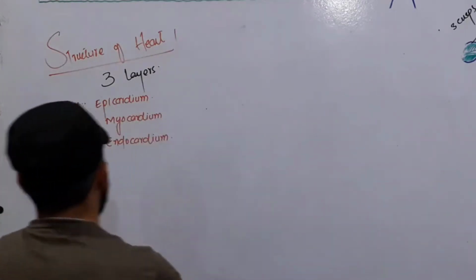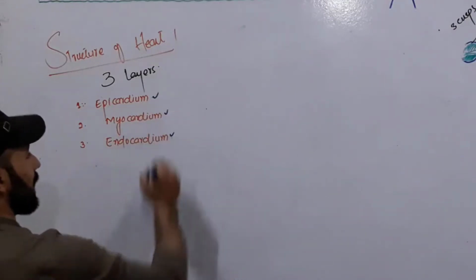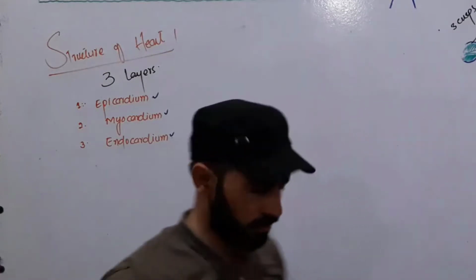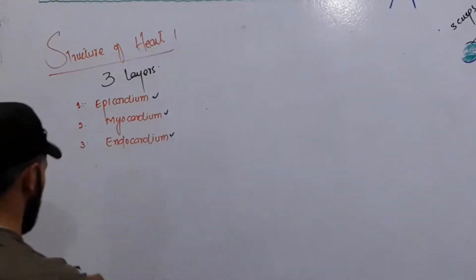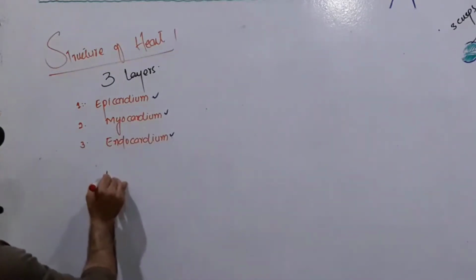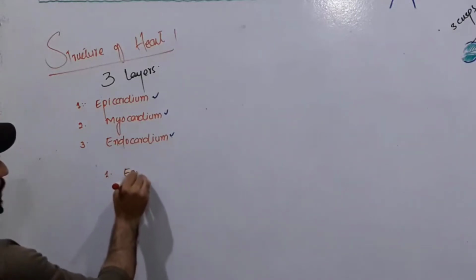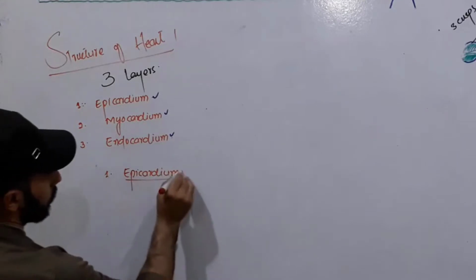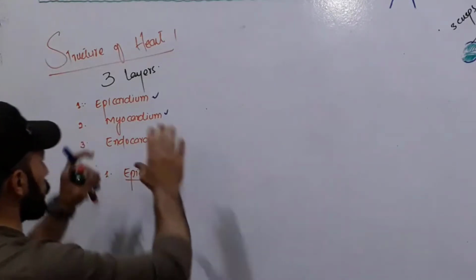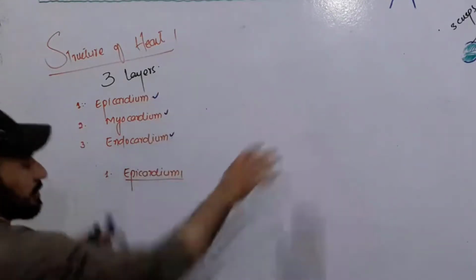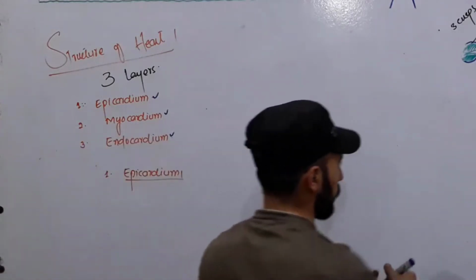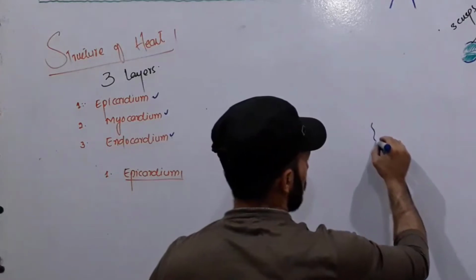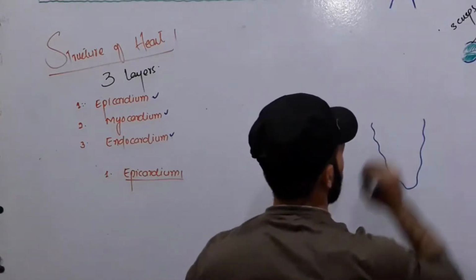Now let's discuss these layers a little so that we could know about the structure of our heart. The first layer is the epicardium. What is epicardium? Let me show all these three layers in the diagram here. If this is, let me draw one ventricle only.